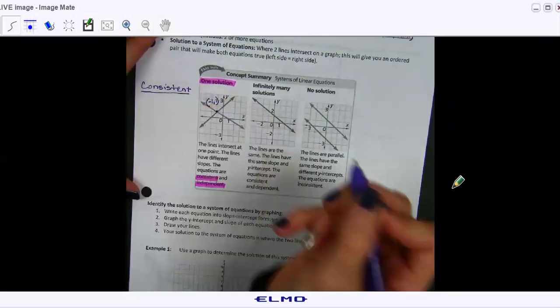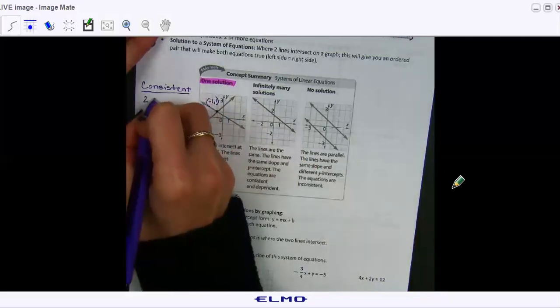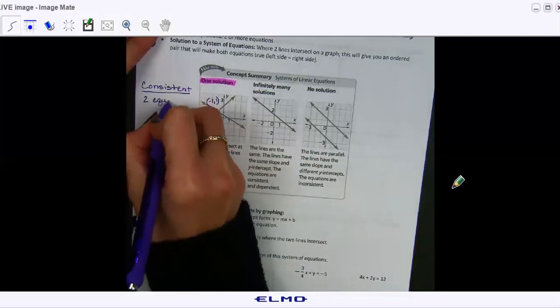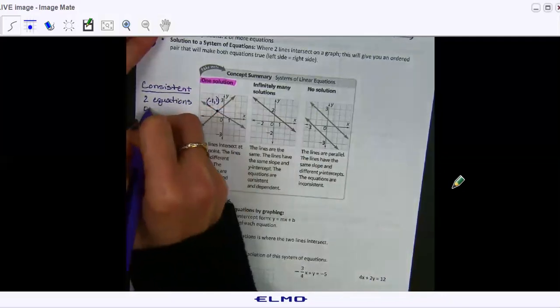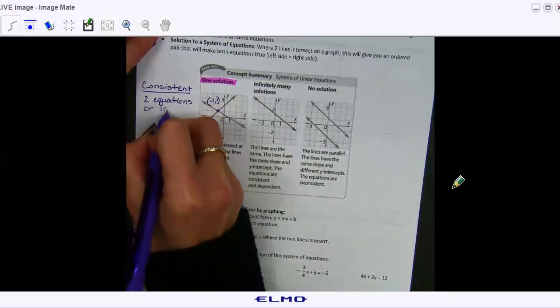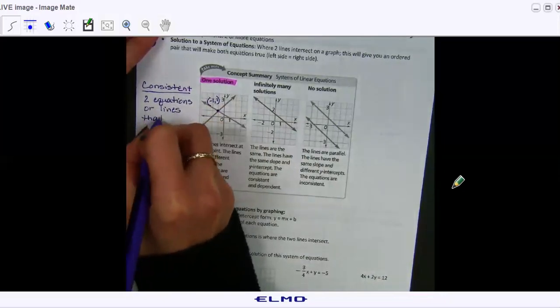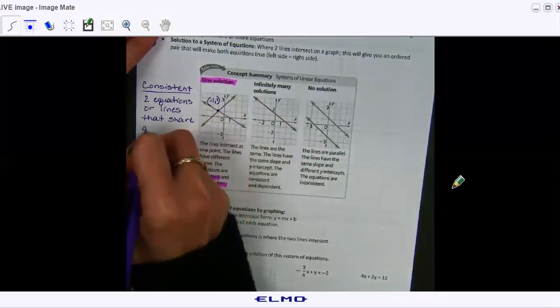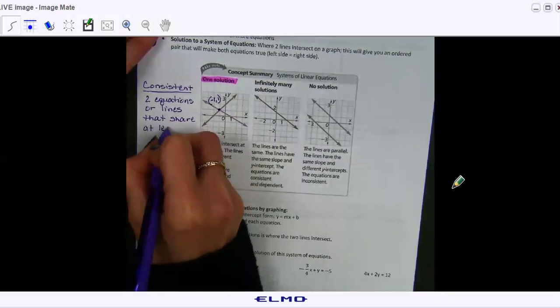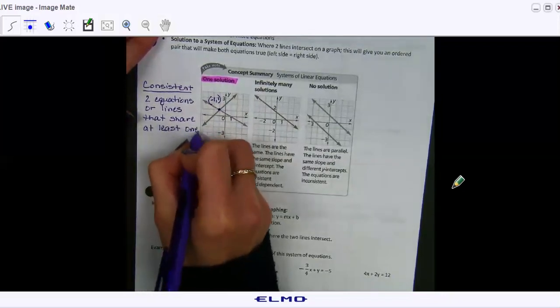refers to 2 equations or lines that share at least one solution.